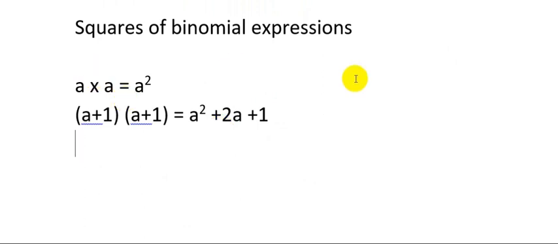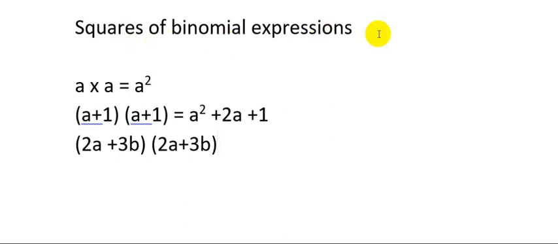So let's take one example which consists in the form of ax plus y. I'm going to mention 2a plus 3b. 2a plus 3b I'm going to multiply with 2a plus 3b. Why? Because we are going to take the squares of binomial expressions. In other words, we take the same term squared.